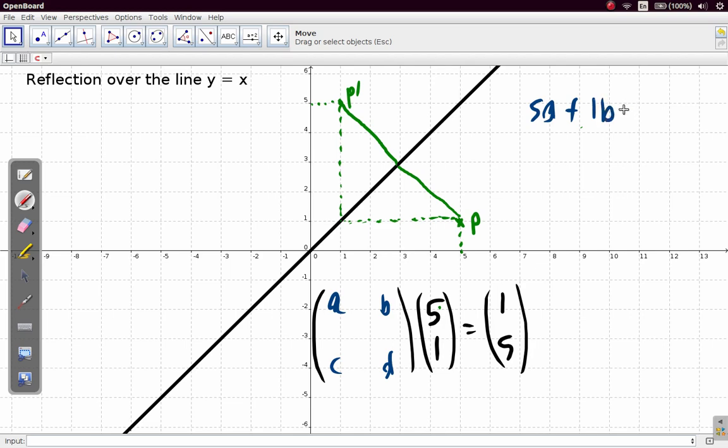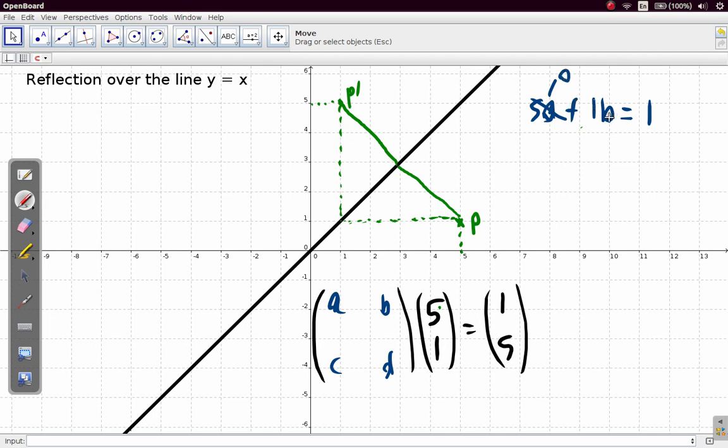Let's put the 1 there. 1B equals 1. Now, what we have, it seems like A is 0 because there's no trace of 5 up here. So A is 0.